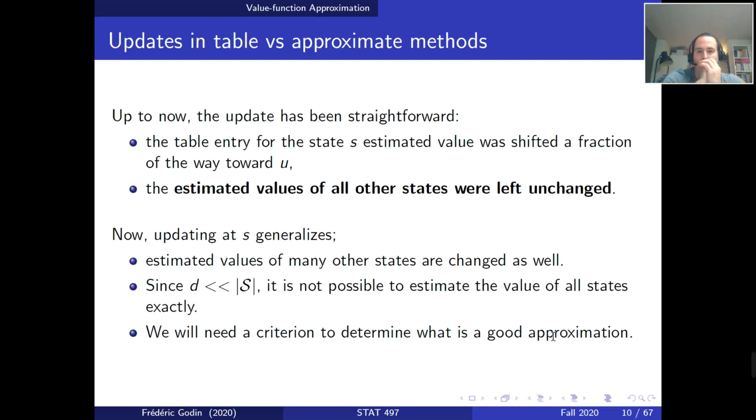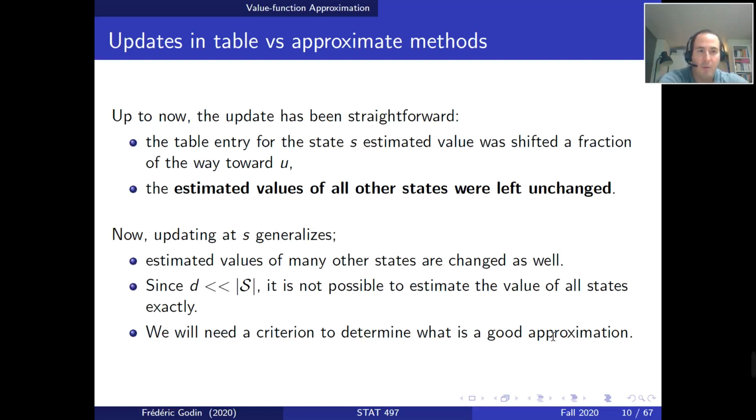I'm repeating what I mentioned earlier: whenever we face a state S_t and we've observed the associated target, we shift the estimated value of state S_t slightly in the direction of the target, and for all other states, not S_t, the estimate doesn't move at all.